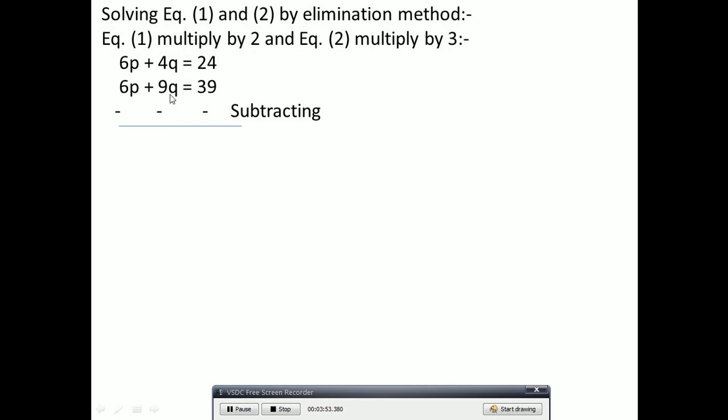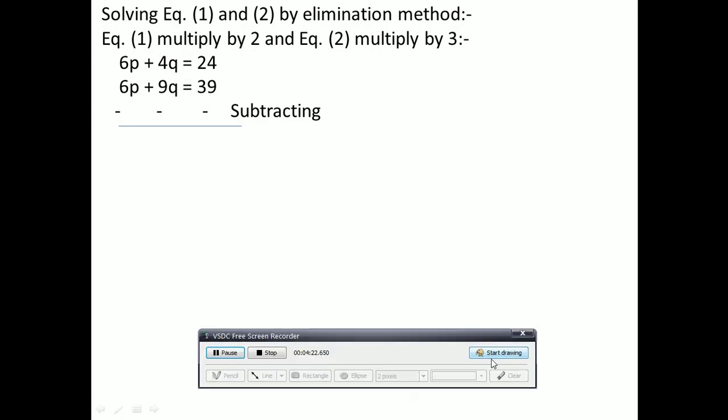Now the coefficient of p is the same, but both have the same sign, they are both positive, so we will subtract here. In case of subtraction, we will change the sign of this equation. So 6p was positive, now it will be negative. 9q was positive, now it will be negative. 39 was positive, now it will be negative. So students, this 6p positive and this 6p negative will be cancelled.